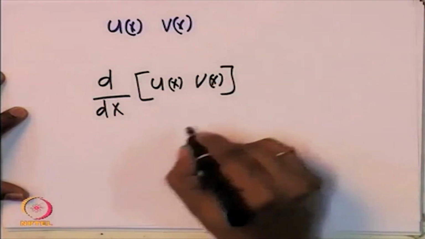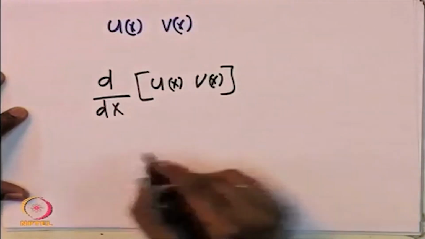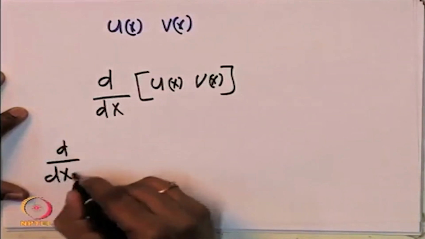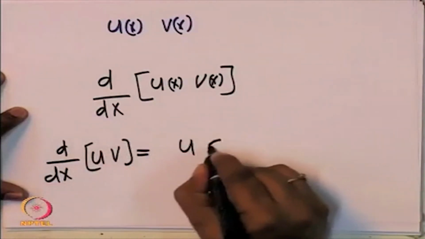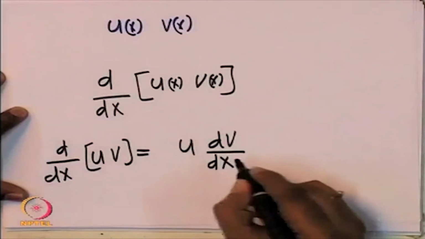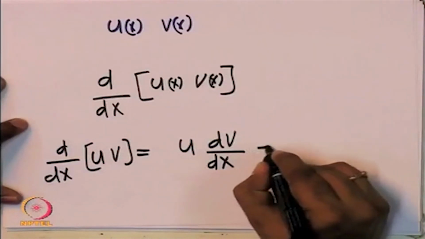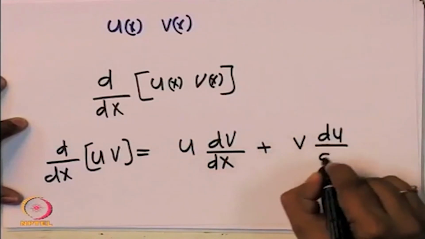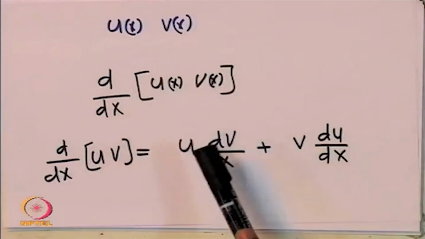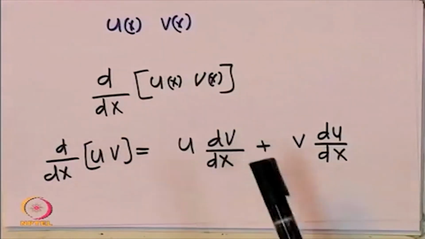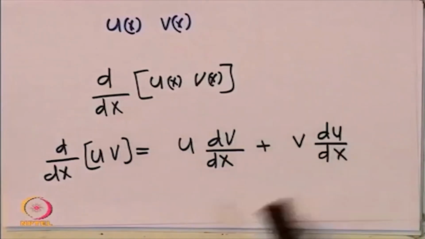The derivative of this, d by dx of uv, is u into dv by dx plus v into du by dx. We learned this in calculus. We call it the product rule. That is, the derivative of a product of two functions is the first function times the derivative of the second function plus the second function times the derivative of the first function. This is what we learned.